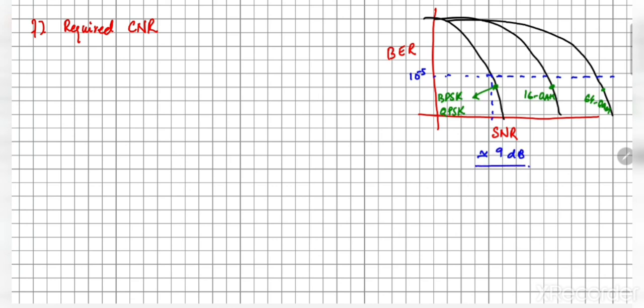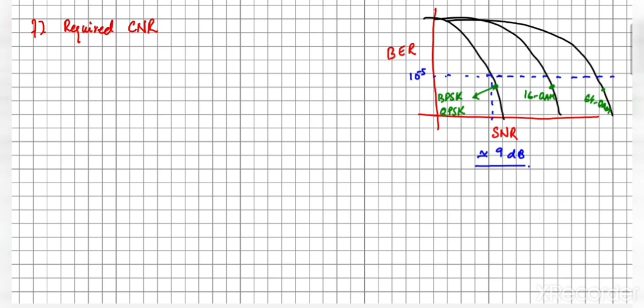That would mean that the minimum required signal to noise ratio for the baseband receiver to be able to successfully decode the message with a bit error probability of 10 power minus 5 would be around 9 dB.